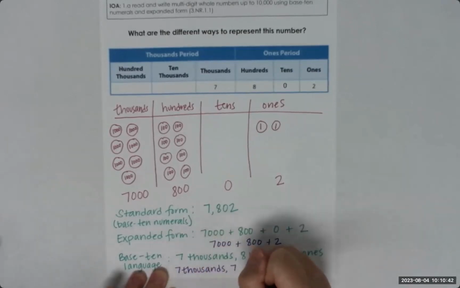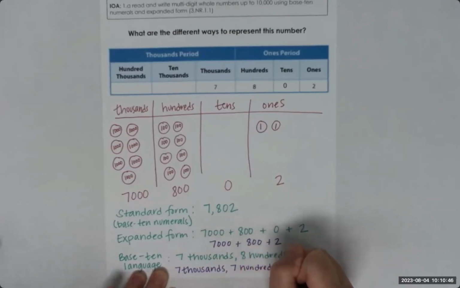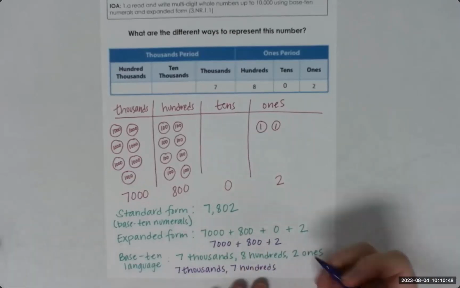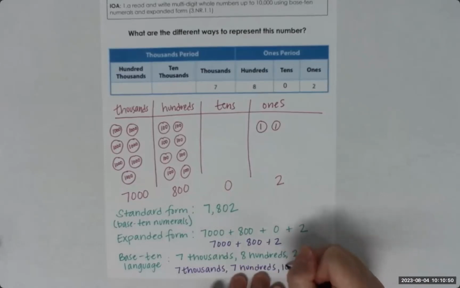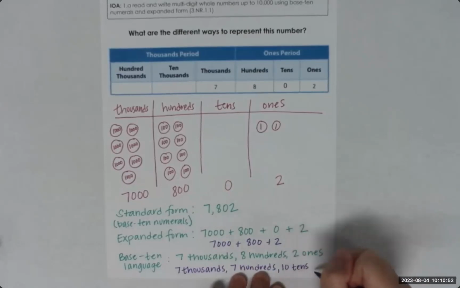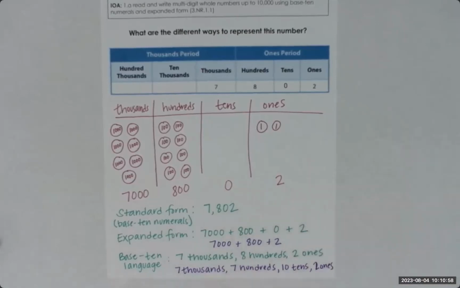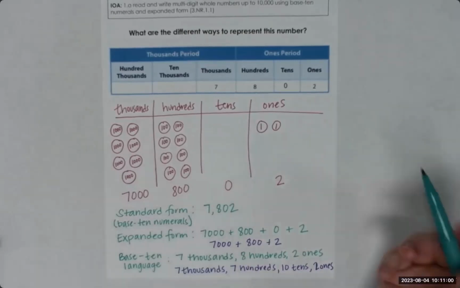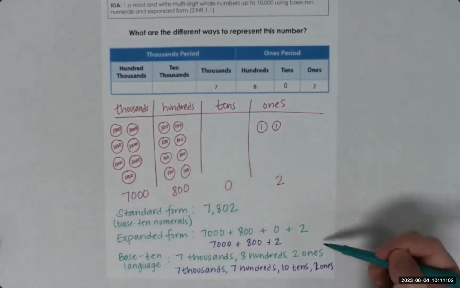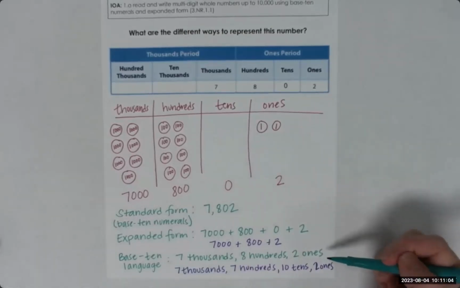I went down to 700s. Okay. And then that gave me 10 10s and 2 1s.